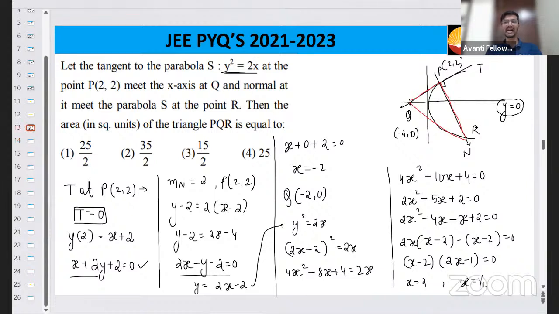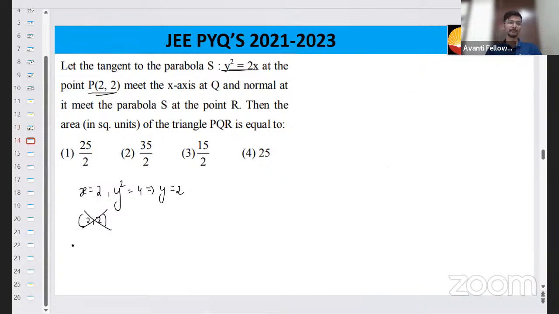We need point R. So for point R, we'll consider x equals half. So for x equals half, we'll get y square equals 1. That means y equals 1. So the point is half comma 1.